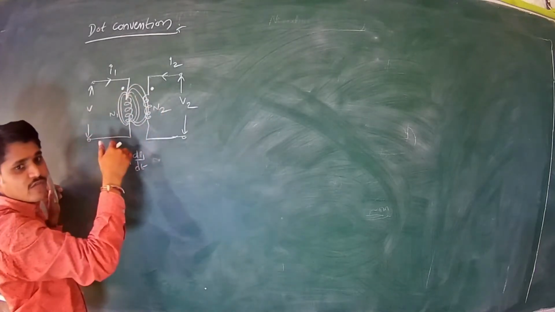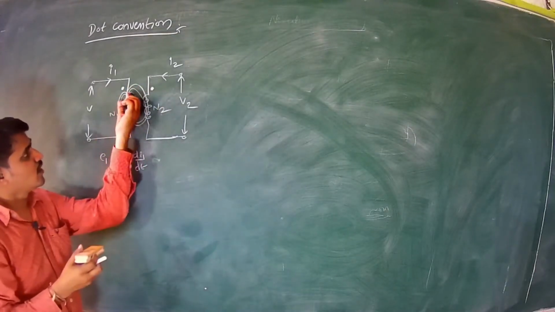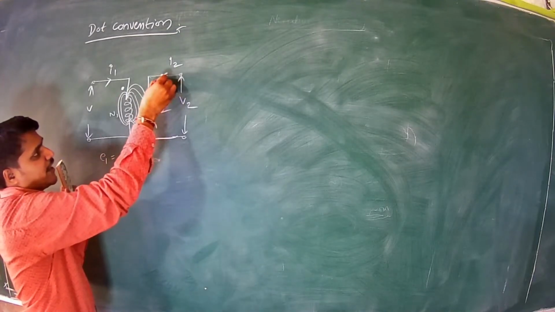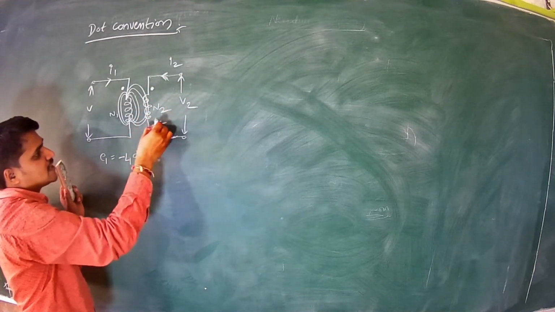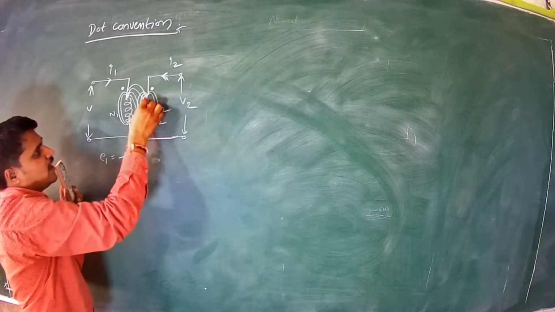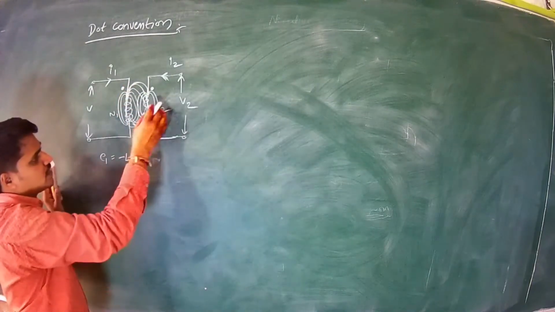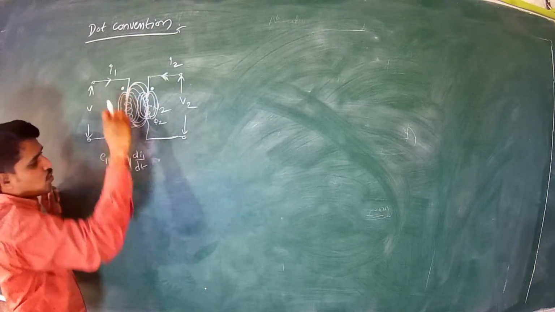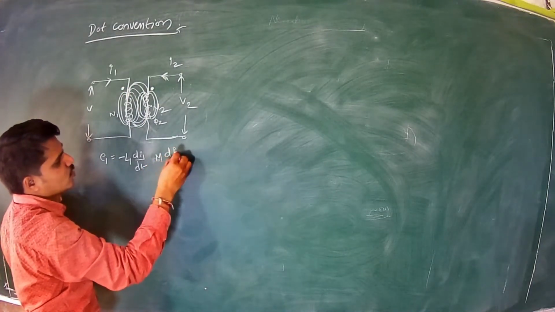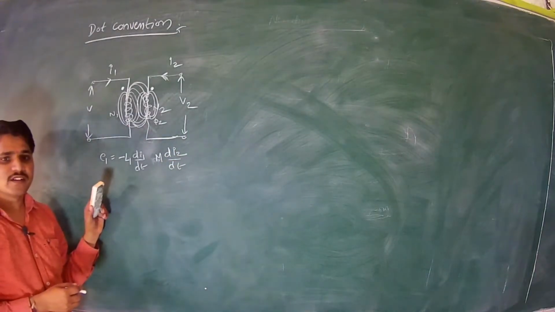Whenever these two are positively coupled, the flux phi2 due to the second current I2 is not only linking with the second coil but also with the first coil. Due to this flux linkage, there is a mutual induced EMF, M into dI2 by dt.